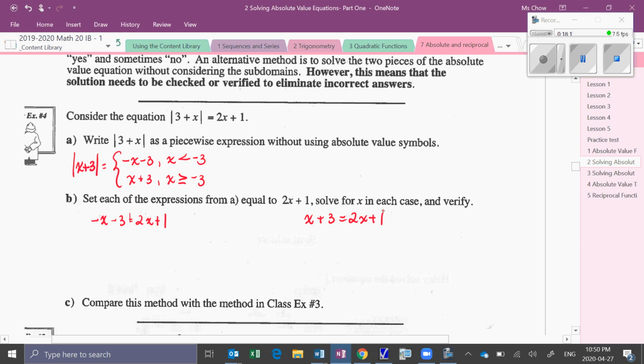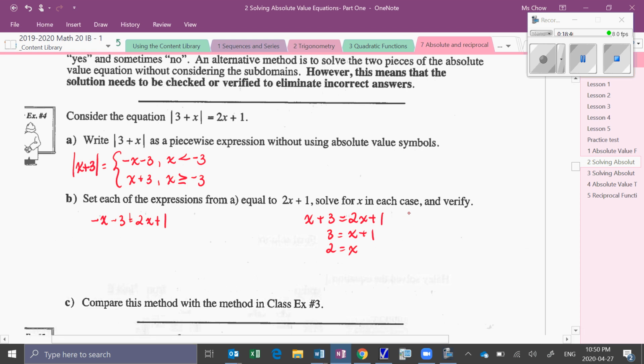So let's take a look. So I'll just do the positive one here first. And so again, 3 is equal to subtracting x, so x plus 1, and subtract 1, so x is equal to 2. However, because I don't have subdomains in this particular method, I actually have to go through and verify.